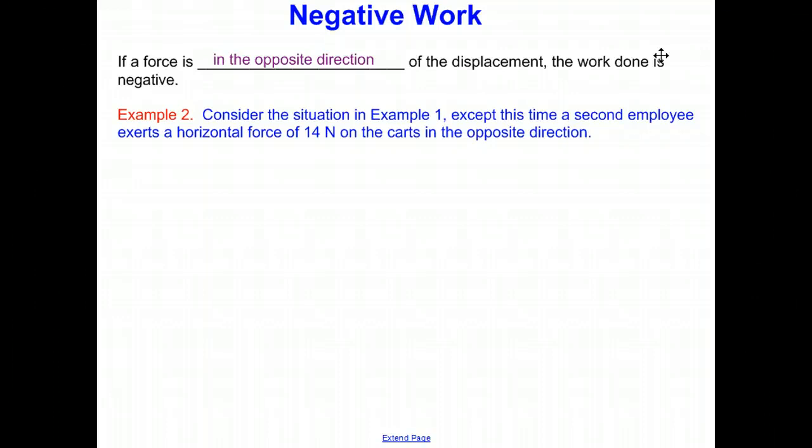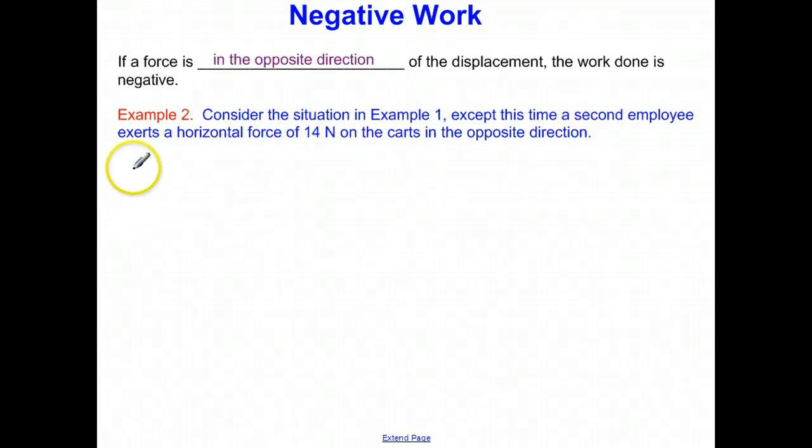Okay, so what we end up with, example 2: consider the situation in example 1, except this time a second employee exerts a horizontal force of 14 newtons on the carts but in the opposite direction. So there's more work being done and it's in the opposite direction. So we should find out how much work is being done by the second employee.